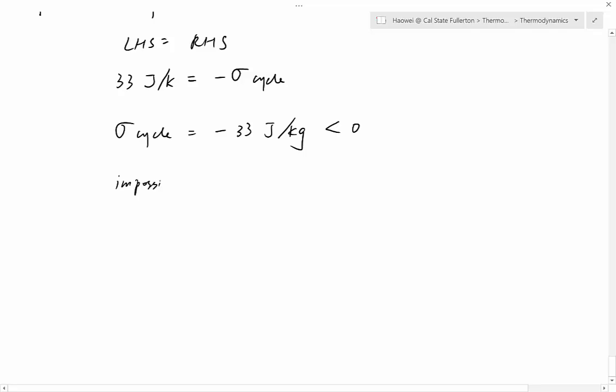It's impossible because it violates second law of thermodynamics. So just like what we did before, we compared eta with eta max, and because eta was even bigger than eta max, our conclusion was your design is wrong.